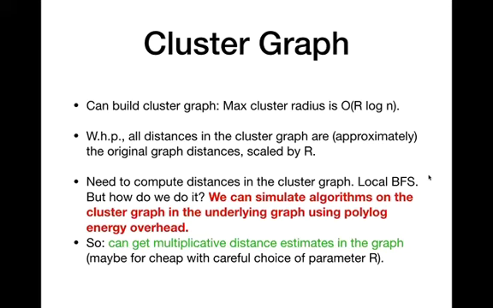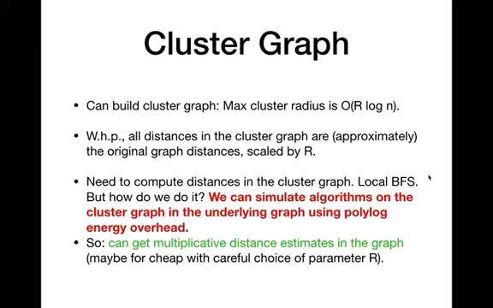Okay, well, how do we compute distances in a graph? We do BFS. So let's do local BFS in the cluster graph. But how can we do it? I mean, how can we do anything at all in the cluster graph? Well, the beauty of it is that we can simulate any algorithm on the cluster graph in the underlying graph using only polylog energy overhead.